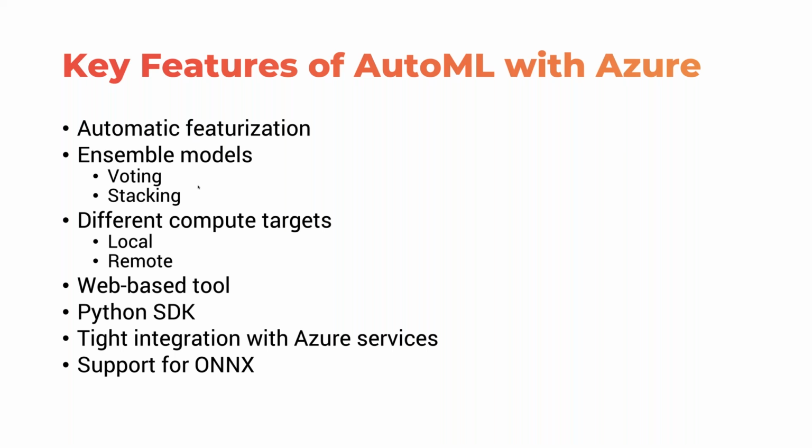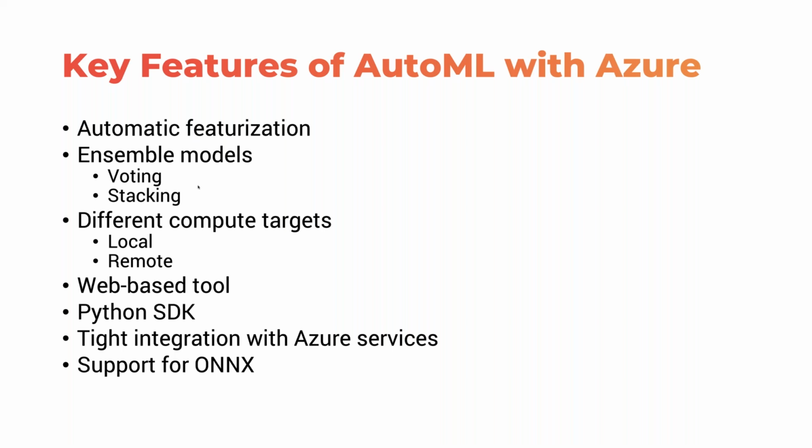So Azure ML will still train based on AutoML, but your local workstation or your server could be the test bed, could be the workhorse for the machine learning job. But if you are bringing in a very sophisticated and very, very big data set, and obviously your local compute is not sufficient, then you can spin off the job on a remote cluster. And this cluster can be CPU based or GPU based.